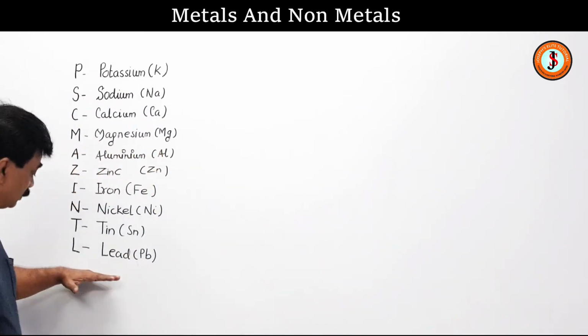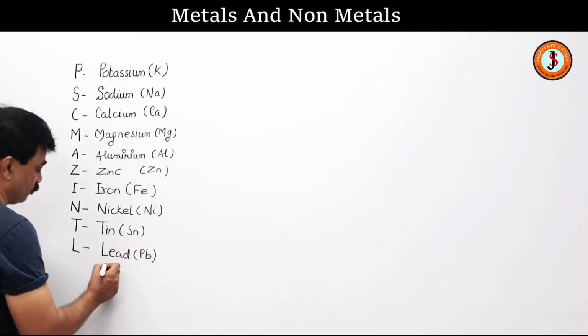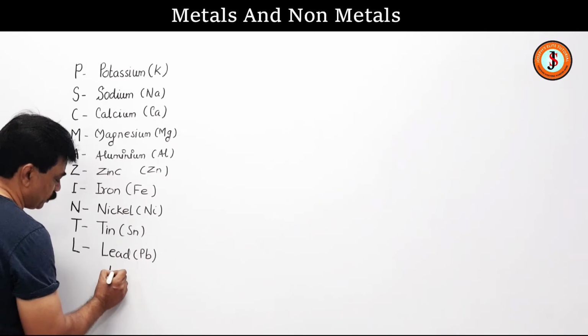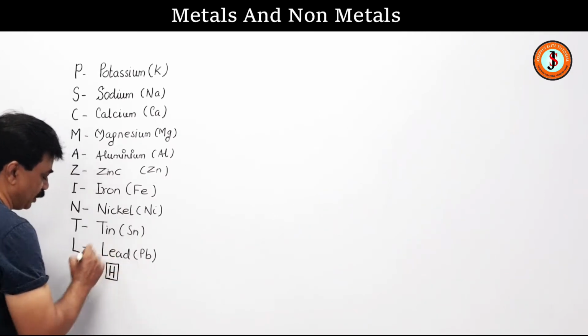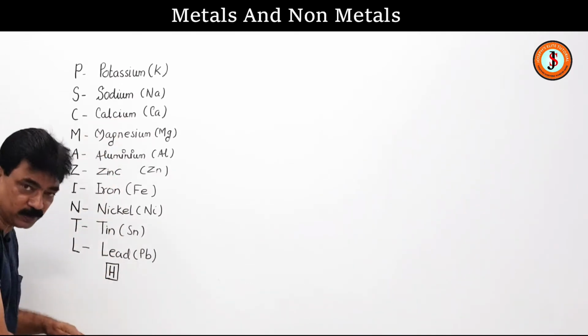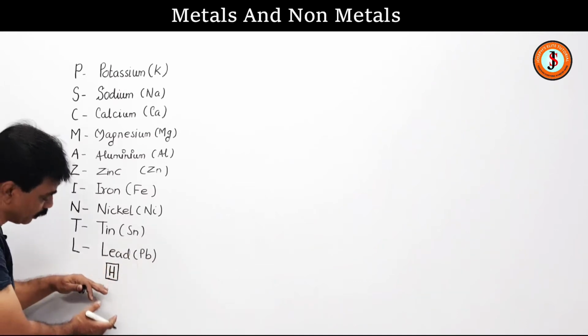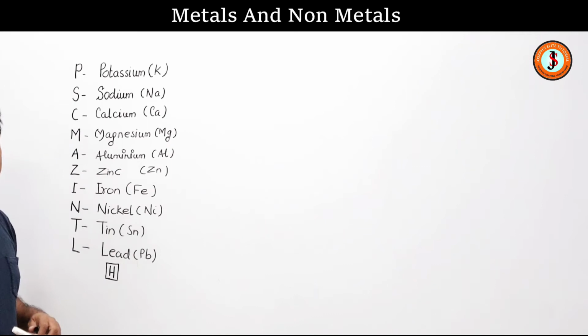Now till here it's very good, well and good. Now from here we have to keep one non-metal, hydrogen, and then we have to continue with the less reactive ones. I don't have board space down here, so you have to write below in your copy that now much less reactive metals are coming.